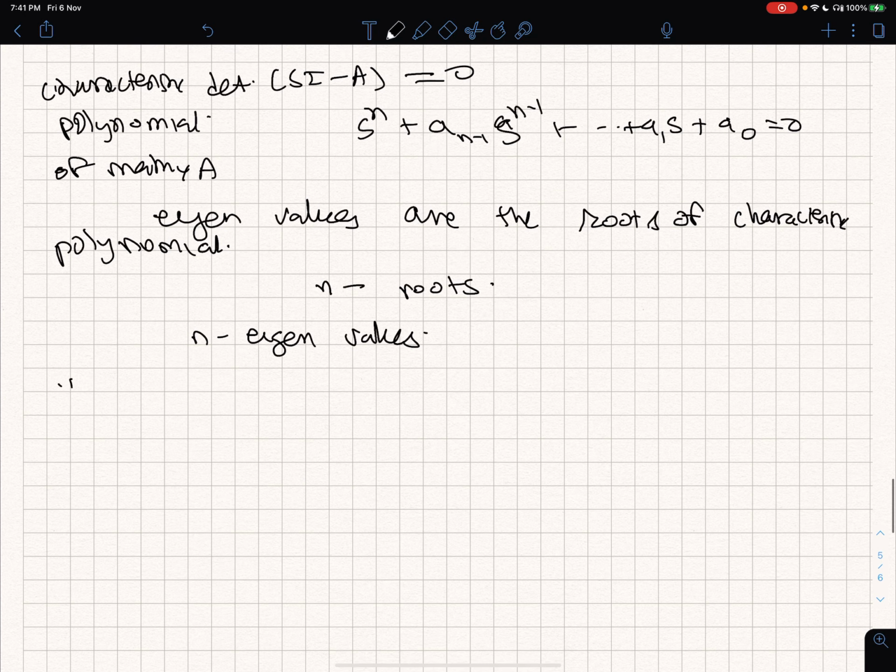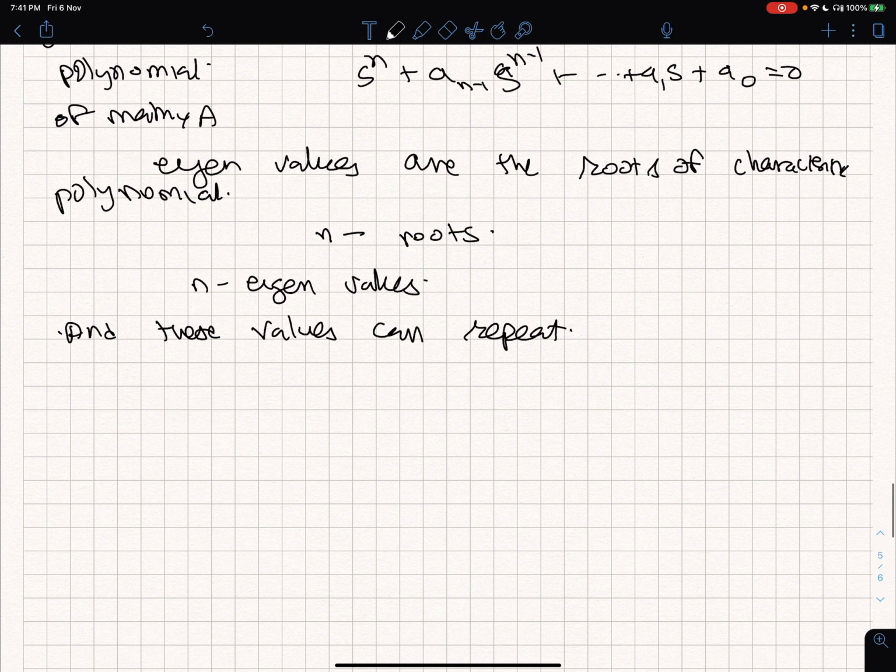And these values can repeat. Why can they repeat? Take simple A equal to the identity matrix, say 3 cross 3. What is its characteristic polynomial? (s minus 1) cubed equal to 0.